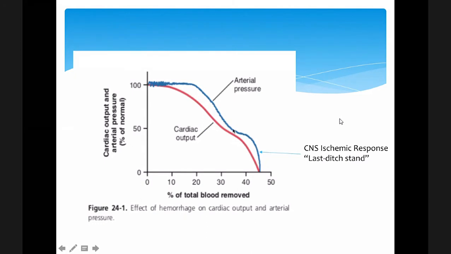Pag below 50 na yung BP, tumataas pa yung arterial pressure kasi nga yung CNS ischemic response, hindi siya na-activate hanggat hindi below 50 millimeters mercury yung BP. So, yung gap dito, yung a little bit increase of arterial pressure is because of the last ditch stand or the CNS ischemic response. So we should ask why.